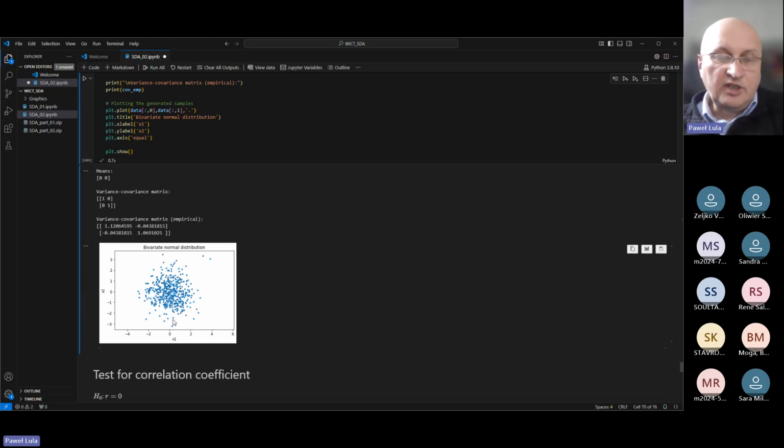Standard deviation can be interpreted as an average distance from the average value. We are thinking about the x coordinates of all points. The average value is here at 0, and we can calculate distances between 0 and the x coordinate of every point, and the average distance is equal to 1.